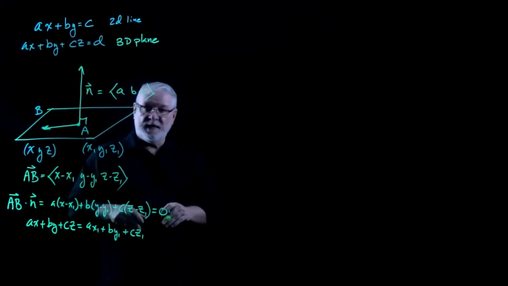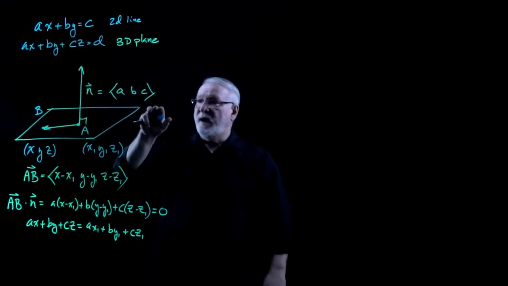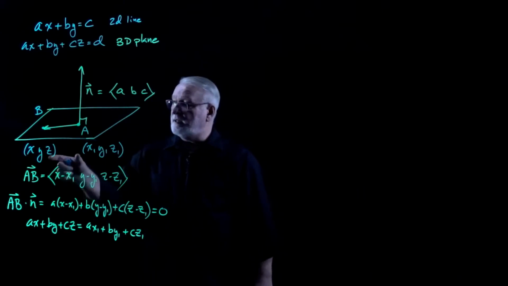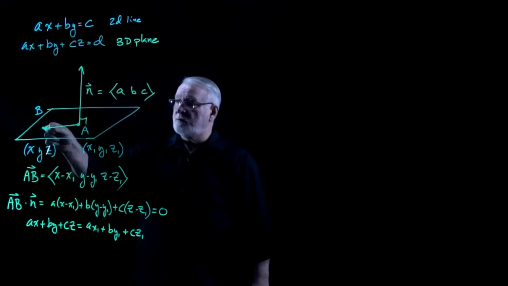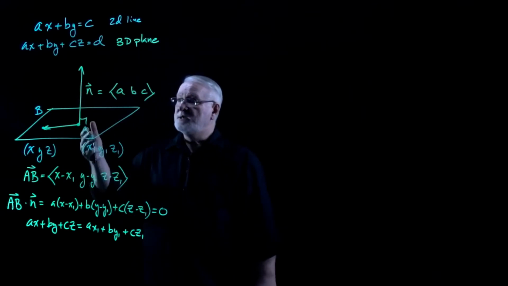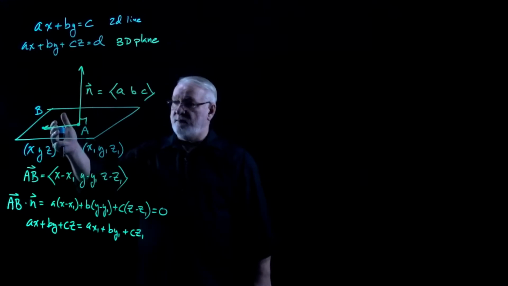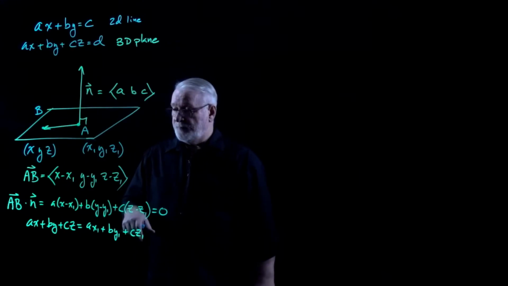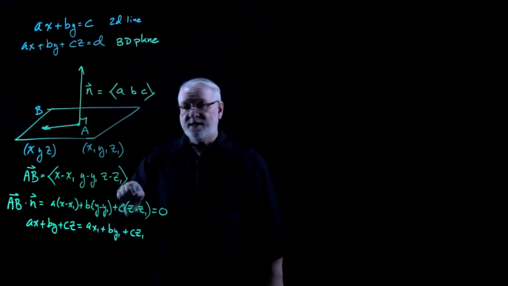Notice that the left-hand side is the direction vector times the general coordinates x, y, and z. That's where point B is, and it could be moved anywhere in the plane and retain the coordinates x, y, and z. As long as it stays in the plane, AB remains perpendicular to the normal, and this statement is true. The right side, though, is a scalar.